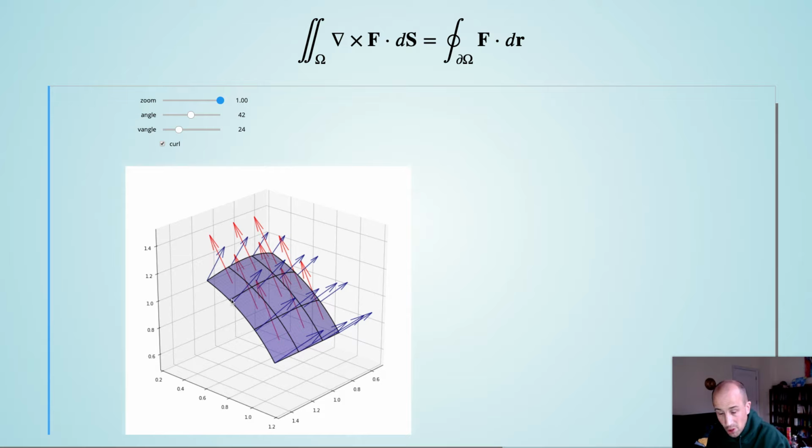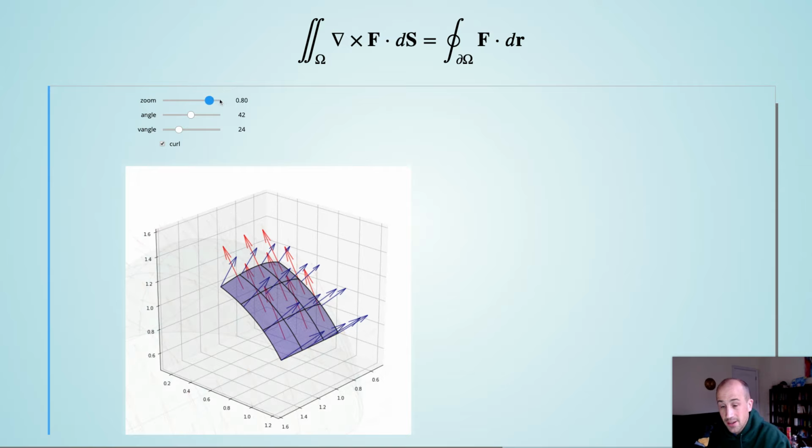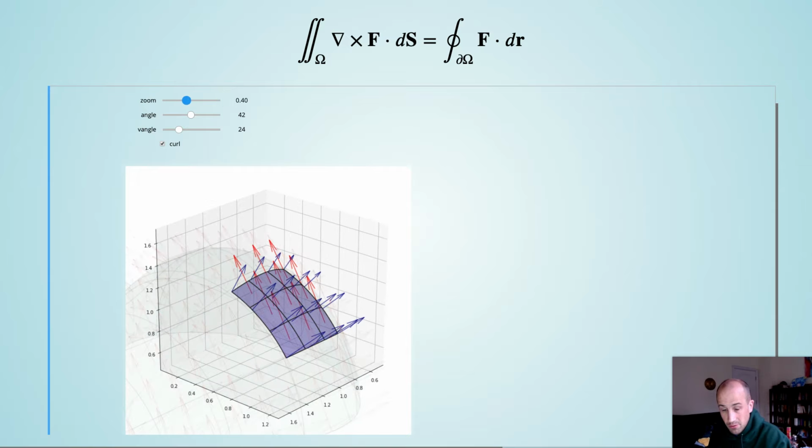So the flow of my vector field along this guy in one direction for around this little box is going to get canceled out by the flow to the left on the box below it, right? And this happens everywhere on the interior except when we zoom out.